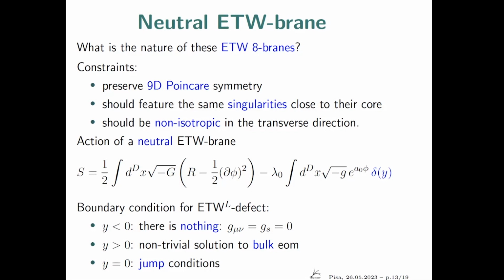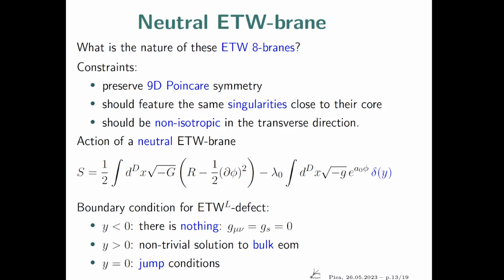Now we are looking for explicit solutions. We require, for instance, for a left brane that on the left of it there should be nothing, so the metric should be 0. To the right, we would like to have a non-trivial solution to the bulk equations, and then the corresponding jump conditions coming from the delta function.